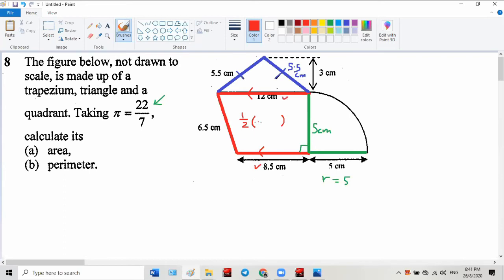So half times 12 plus 8.5, times what? Don't say don't know. Times the height, right? What's the height? 5. Nobody will tell you this one. You have to remember: half times base plus base, times height.